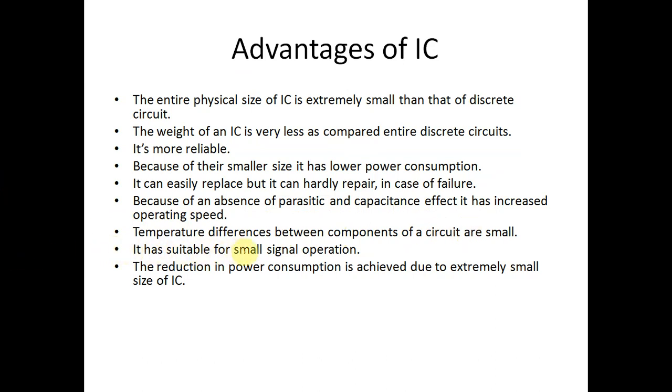It is suitable for small signal operations. Reduction in power consumption is achieved due to the extremely small size of ICs. You need to write only 4 advantages of ICs. It is not required to write all these advantages, simply write 4 advantages in your notebook.